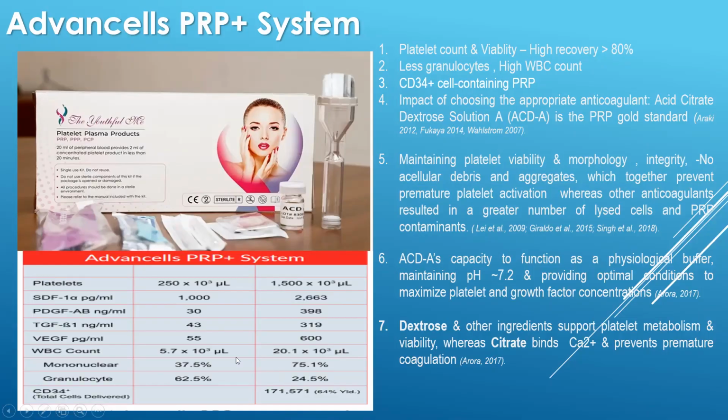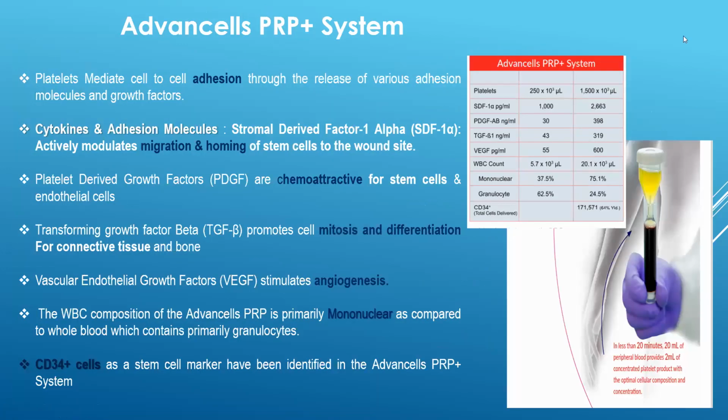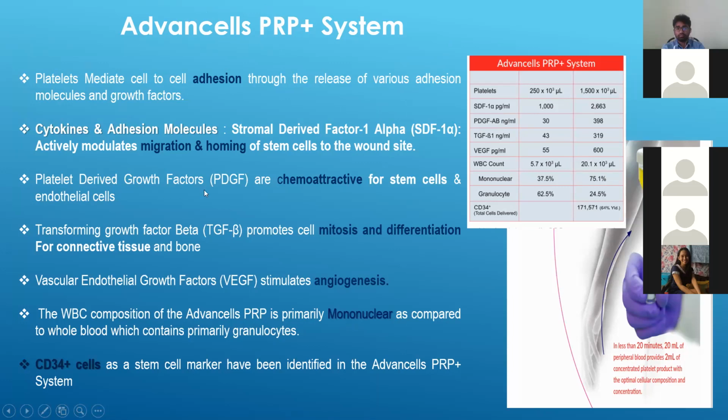And you can see all the growth factors are higher as compared to the normal manual method. So as Dr. Prashant already told about the different growth factors, here is the different role of each growth factor. Suppose in the case of platelet-derived growth factor, this percentage is very high, and it is good as a chemoattractant for the stem cells or endothelial cells present in that region.